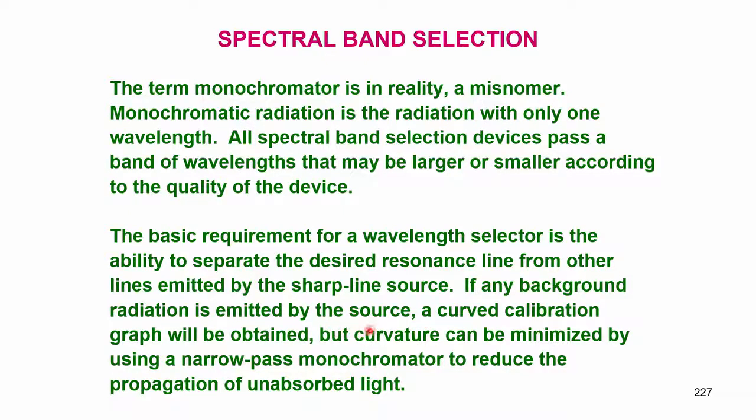What we need is a linear calibration graph, but curvature can be minimized using a narrow pass monochromator to reduce the propagation of the unabsorbed light. So, how do we get a narrow pass monochromator? By using a diffraction unit.